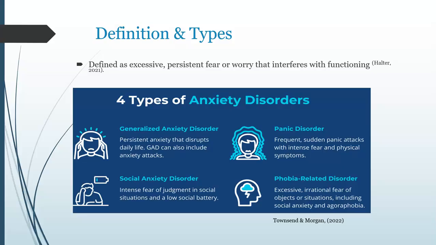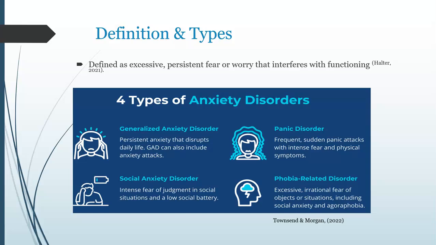The last one, social anxiety disorder or social phobia. This disorder is marked by intense fear of being judged or embarrassed in social or performance situations. People may avoid speaking, eating, or interacting in public, which can significantly affect their relationships and careers.